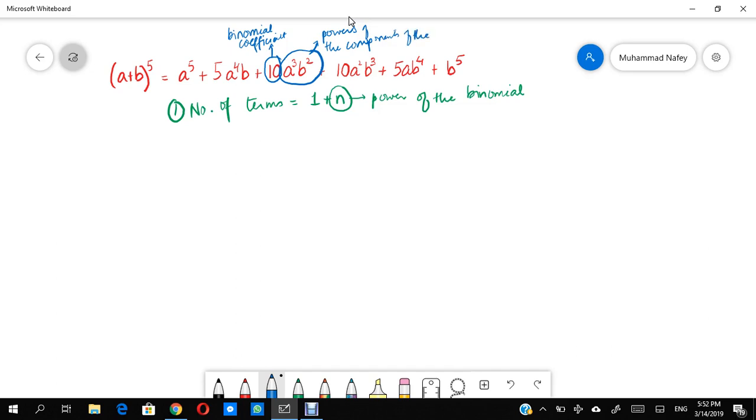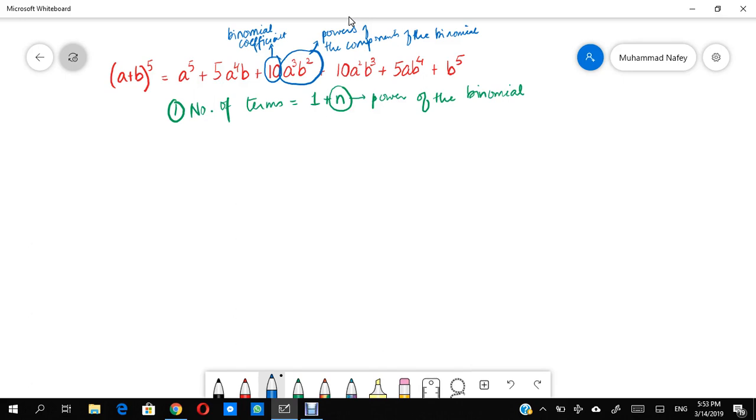Right, so this means that any binomial expansion is going to have two parts. The first part would be arranging the powers of the components of the binomial, and the second part would involve application of the binomial coefficient.